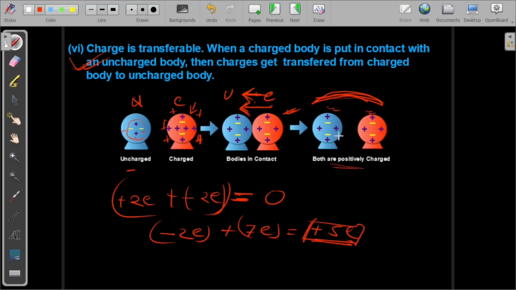Why are they positively charged? Because here you get two negative charges and four positive charges. The ultimate result is two positive charges. Here also you will get plus 2e. Understood? So let's proceed to the next one.